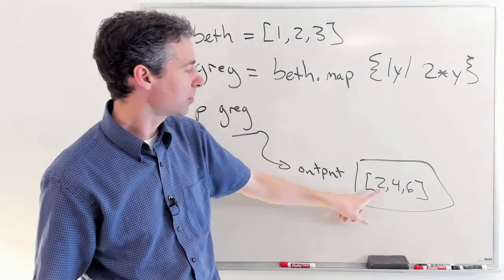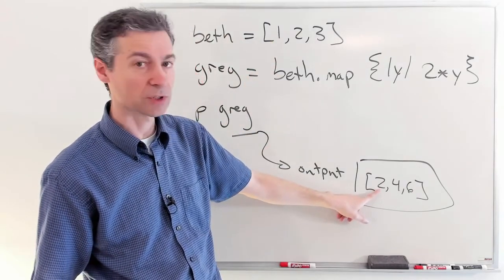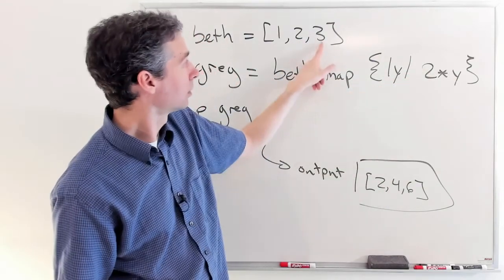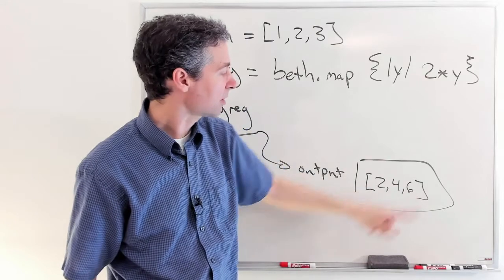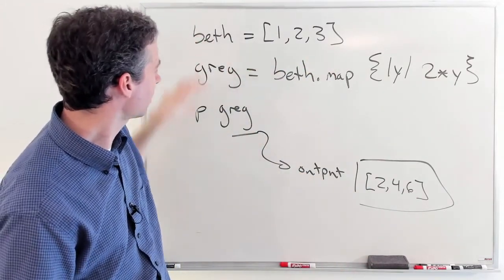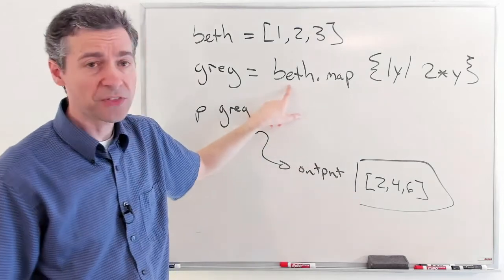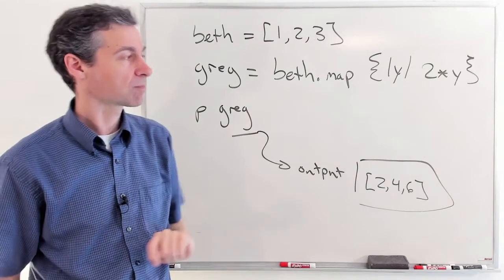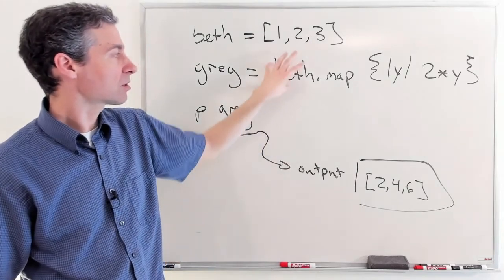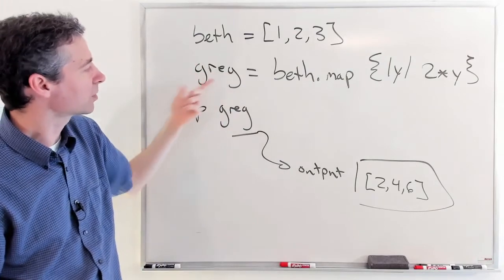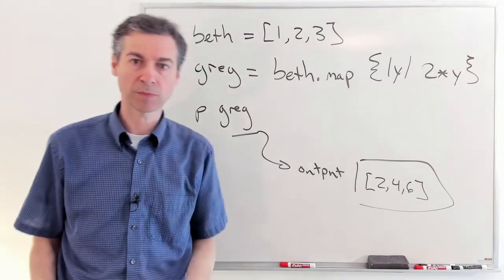And so we build up a new result of 2, 4, 6. That gets returned. We put it into Greg, and we can see that. Beth does not change at all. Beth stays 1, 2, 3. Okay, so this is just a way to transform Beth into something new and get that new thing returned to us, and then we can do something with it.